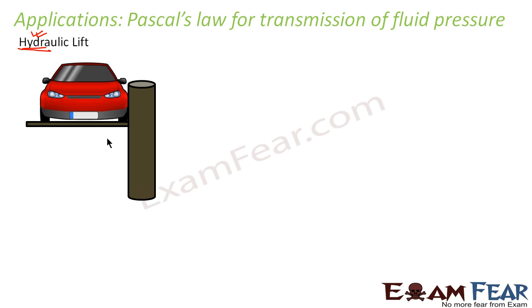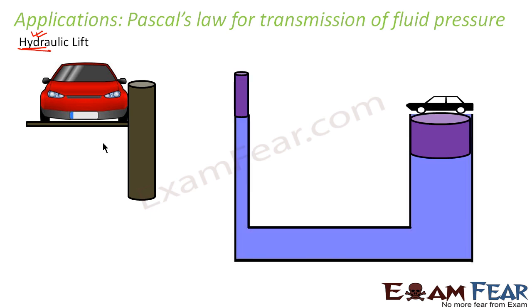Do you know how this actually works? The internal setup is somewhat like this. This is basically a rough diagram which will explain how it works. Inside this hydraulic lift, there are two platforms which are created. One is with a smaller area, this one, and the other one with a comparatively larger area.